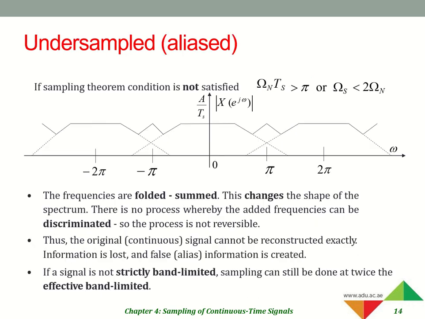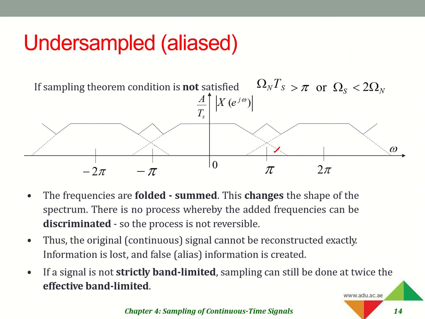And if it is less than that, it is called undersampled. If your sampling frequency is less than that, we know that you get one spectrum and you are getting the other one here, and because of their interaction you will get this thing here. This dotted region represents their overlapping region.